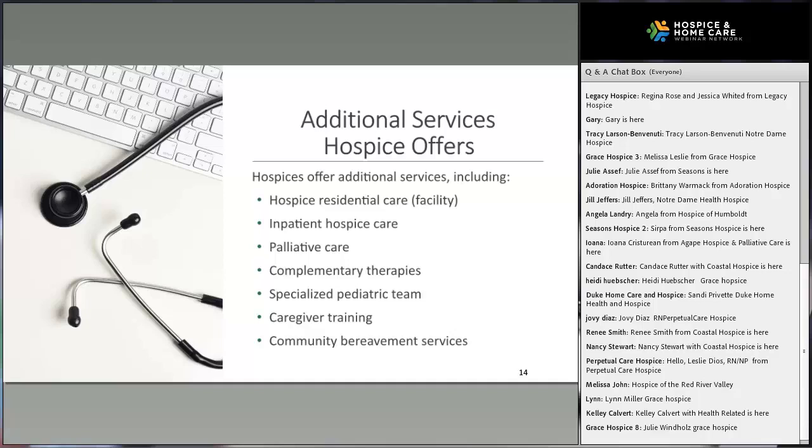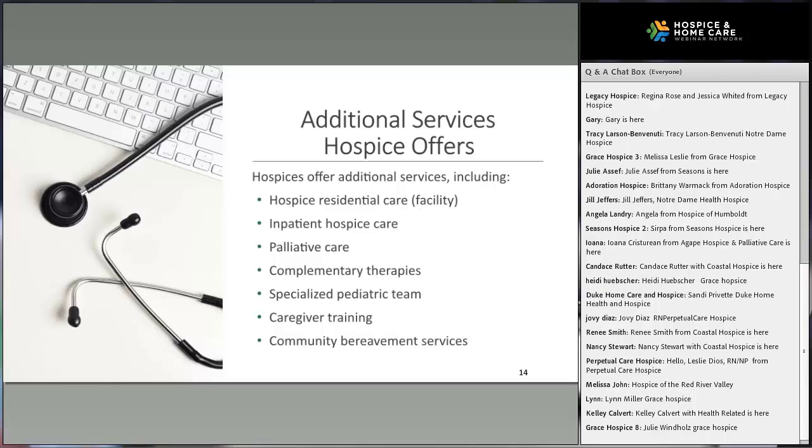Now, these are other additional services that can be offered by hospice. Some hospices have a hospice house. Oftentimes you'll see some type of residential care that they're affiliated with, or they may have designated beds within some type of inpatient facility that are their hospice beds.